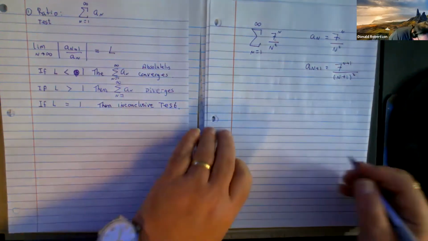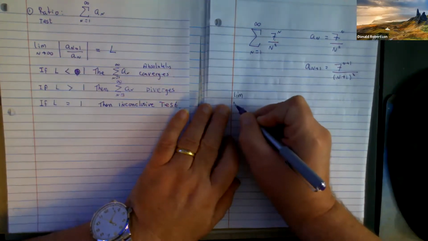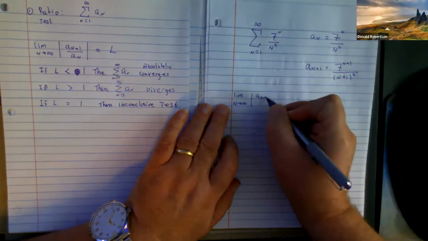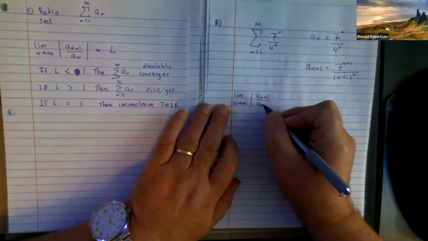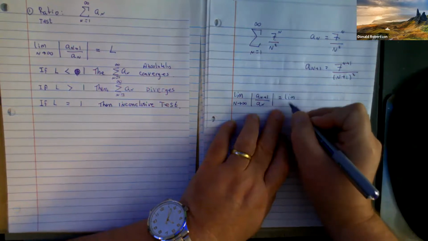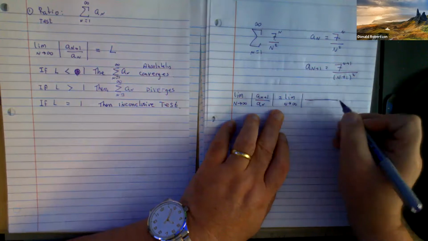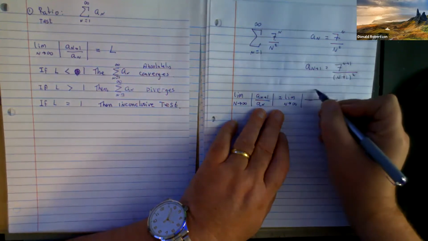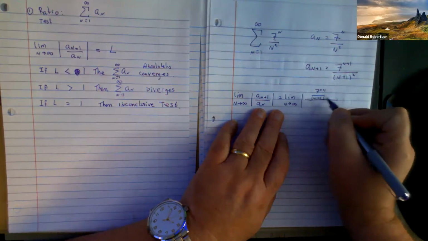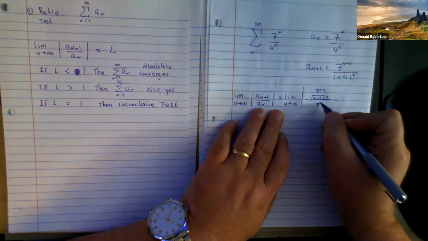So we now are going to find the limit as n tends to infinity of a_(n+1) over a_n. This is going to be a little bit ugly algebra, but essentially on the top we put this guy, and on the bottom we put a_n, which is this guy.